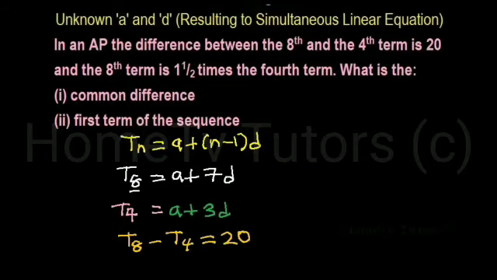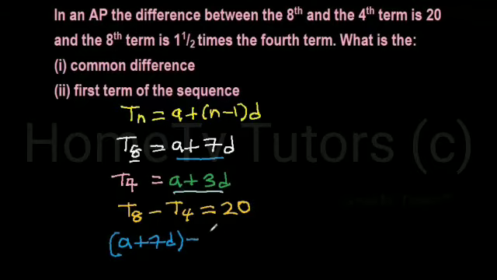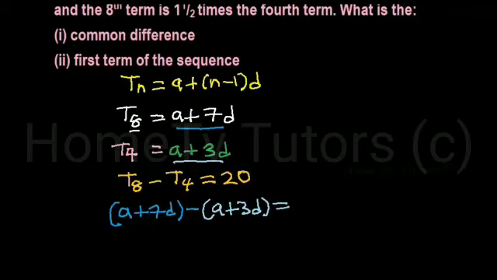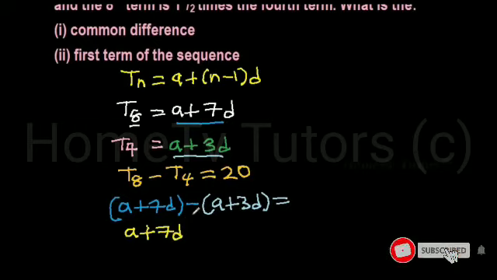So now we substitute this value for the 8th term, which is a plus 7d, let's put it in a bracket, minus the 4th term, which is a plus 3d. This is what resulted in 20 as given in the question. So now we have a plus 7d. We've opened the first bracket, so we have to open the second bracket.